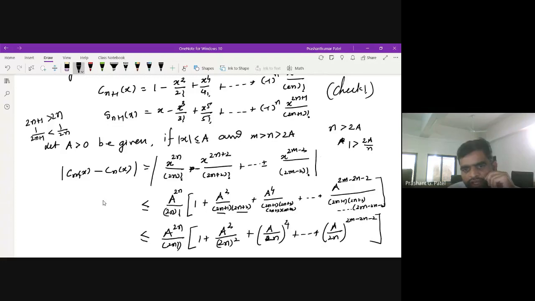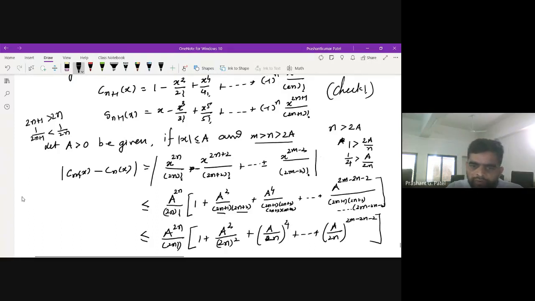Here actually I need A upon 2n, so 1 by 2, and then 1 by 4 is greater than A upon 2n. So the value of A upon 2n, if this is satisfied, will be less than 1 by 4.